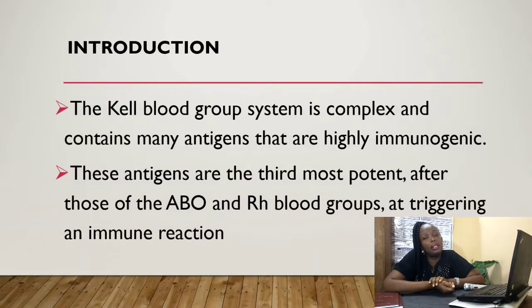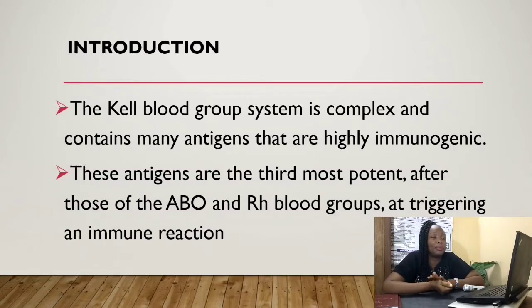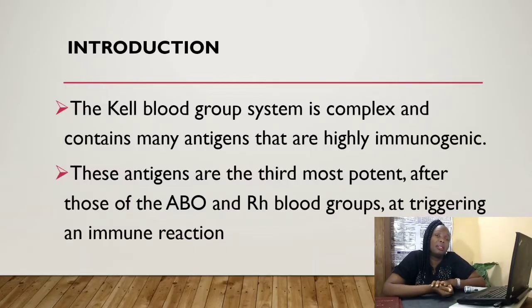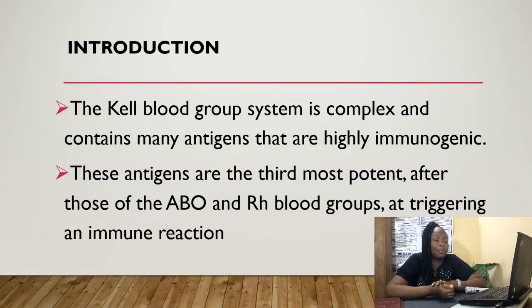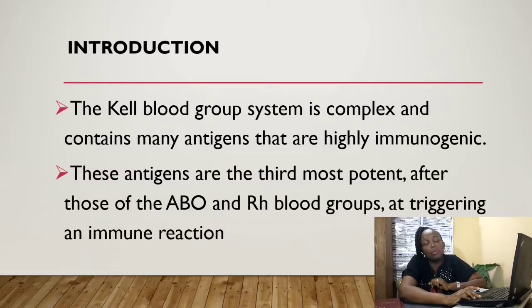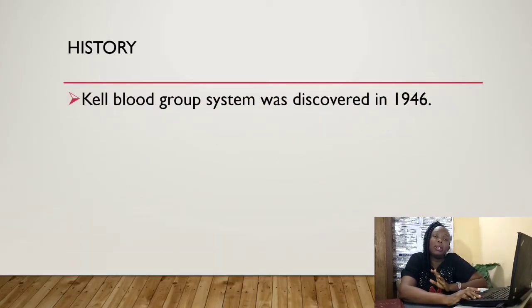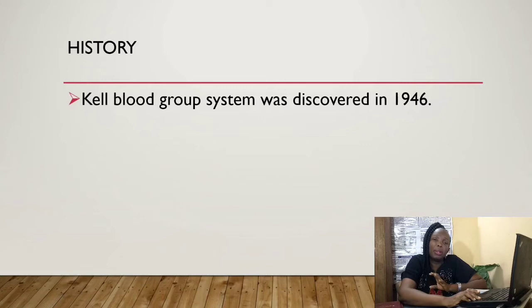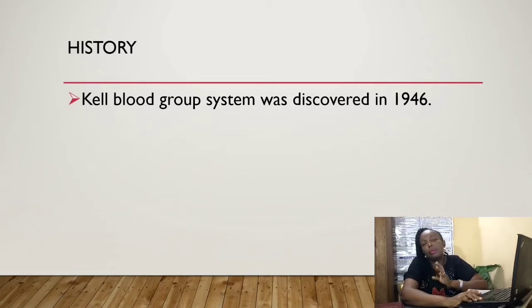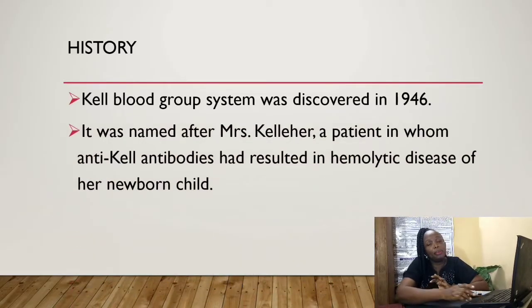The antigens present in the Kell blood group system are also immunogenic, but they are the third most potent antigens, only after the ABO and Rh blood group systems, in triggering an immune response.